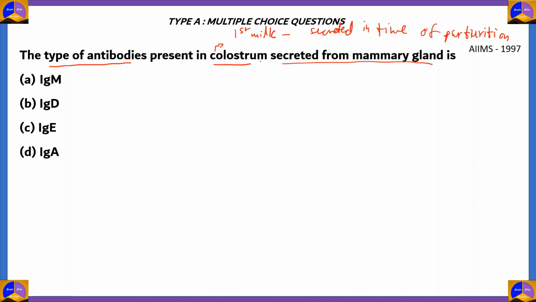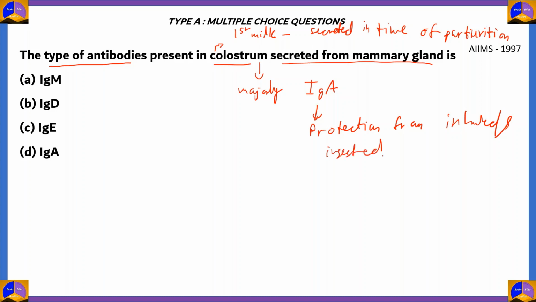Colostrum by itself is majorly composed of IgA, immunoglobulin A, and this immunoglobulin A gives you protection from inhaled and ingested pathogens.